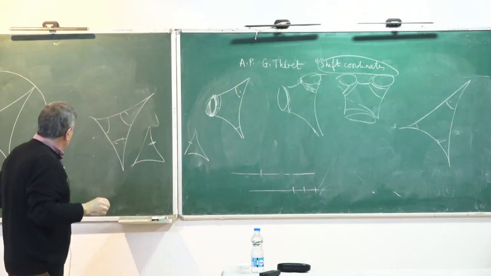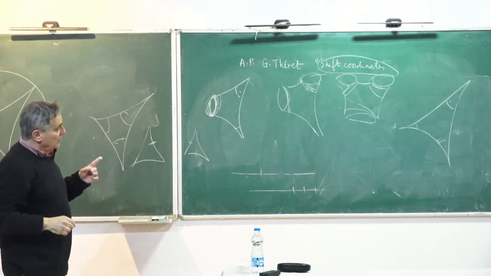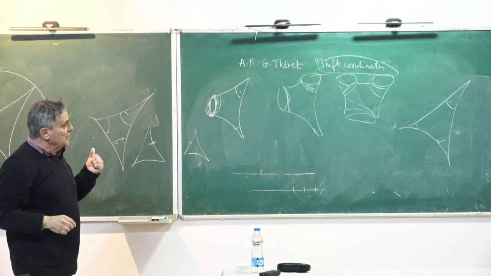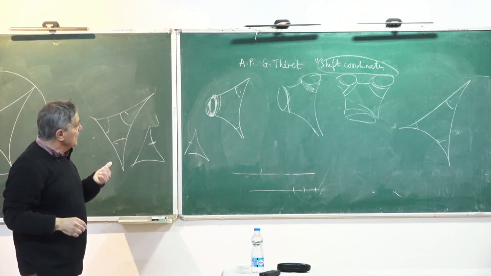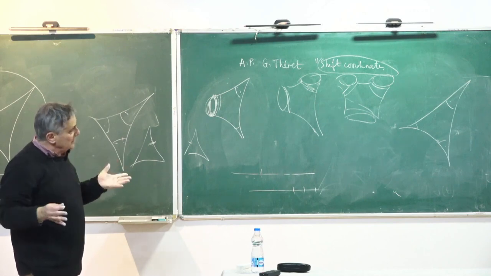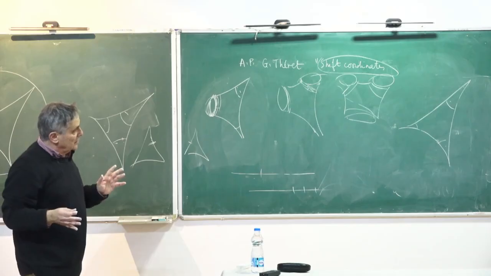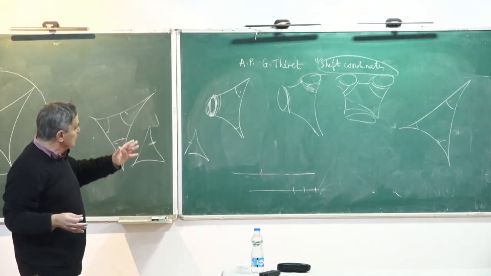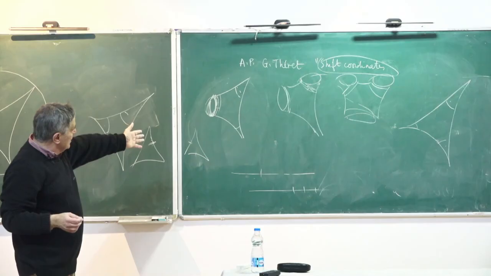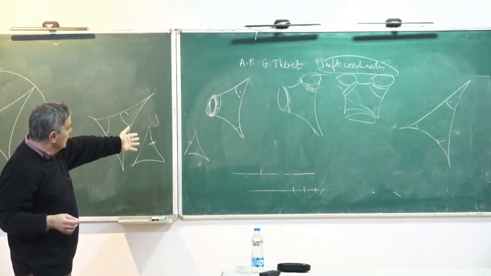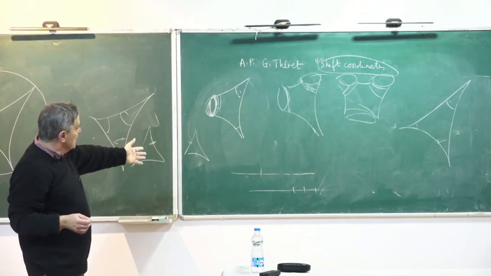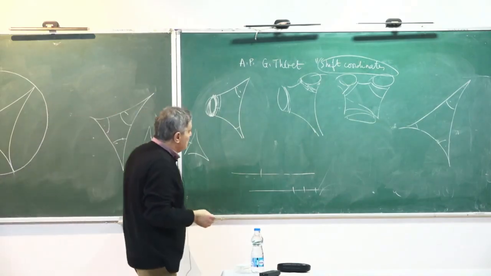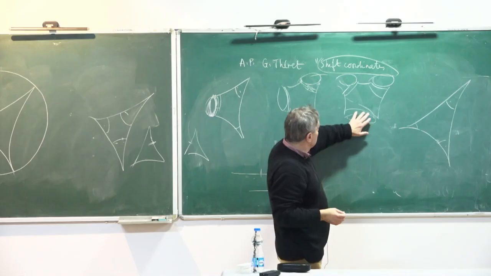So okay, now we are happy because we have constructed one hyperbolic metric on a closed surface of genus 2. Now we are even more happy because we have constructed hyperbolic structures on this kind of surface.